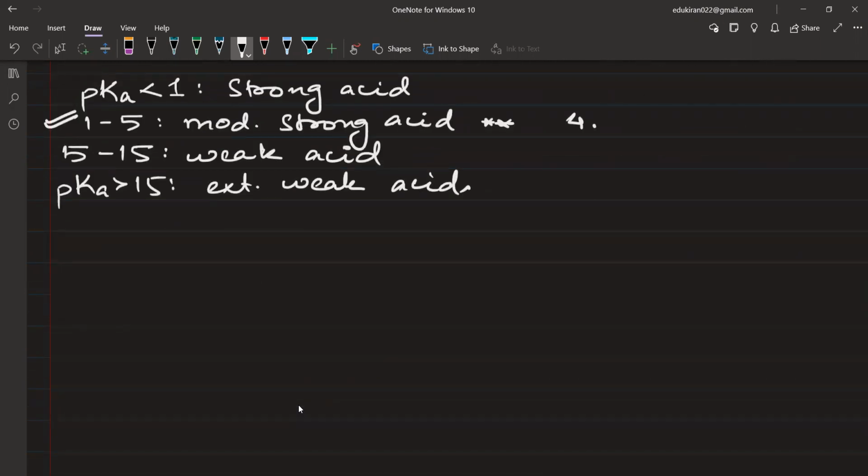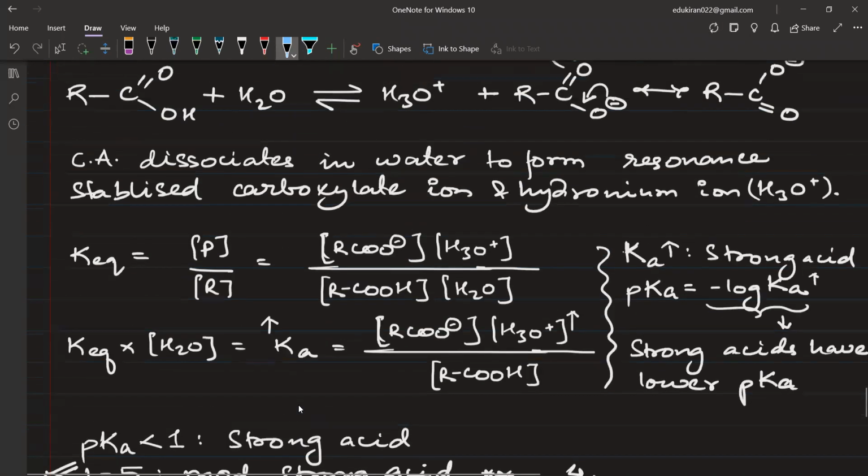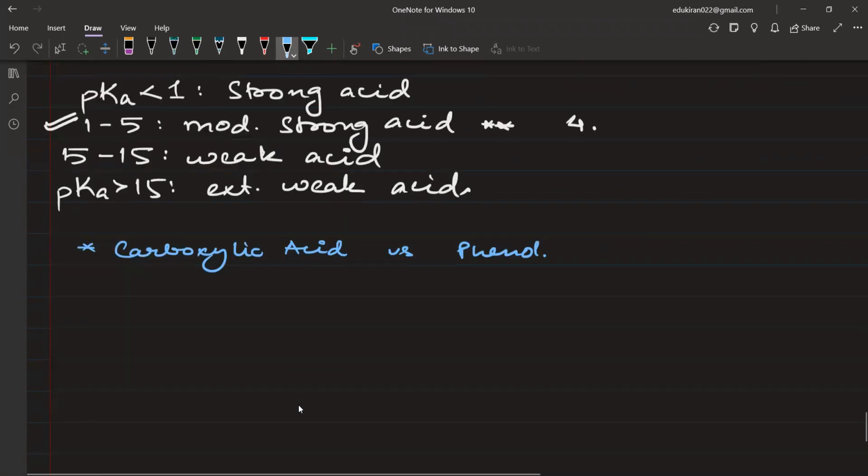After this, we will compare the acidic character of carboxylic acid and phenol. Okay, please write: carboxylic acid versus phenol. So please see. Now we all know that it will depend on the stability of the conjugate base, right? So what is the conjugate base of carboxylic acid?